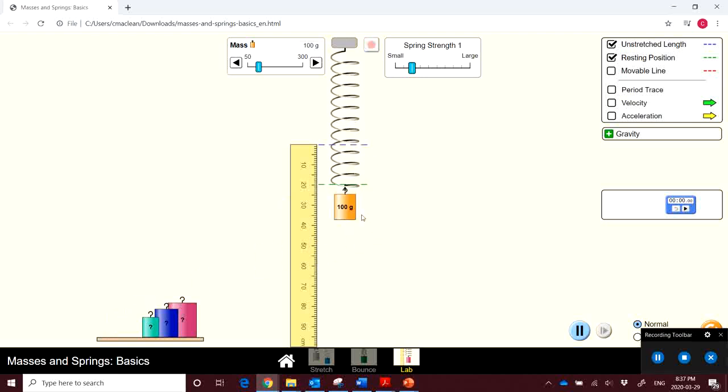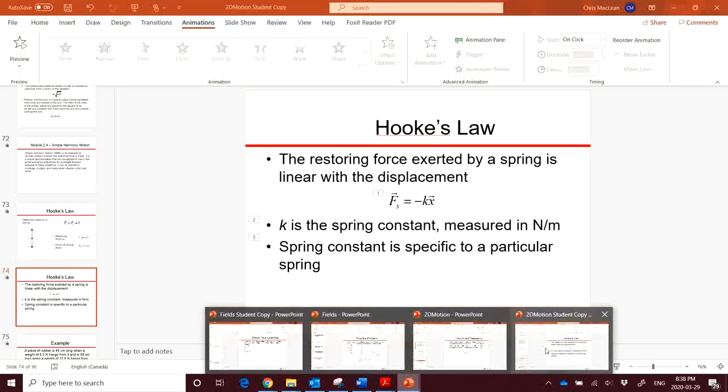So if we take our 100-gram mass and stop it at its equilibrium, so it drops down, you can see about 20 centimeters. So we've taken a mass of 100, and we have an x, or our change in distance, from 0 to 20, so our change in distance is 20 centimeters. So we know the distance, we know the mass, so from this we should be able to calculate the spring constant for this spring. So let's go back and try that.